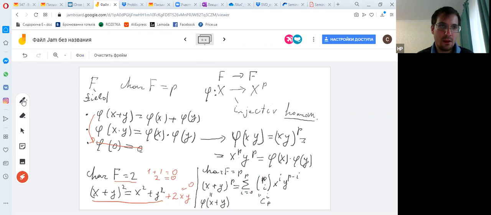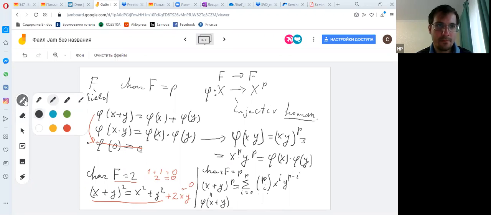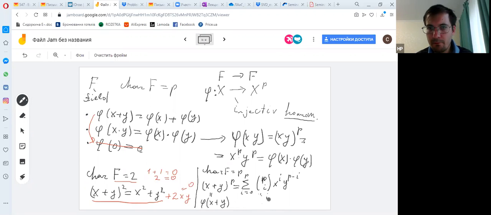Let me remind you that this binomial coefficient is p factorial divided by i factorial divided by (p minus i) factorial.